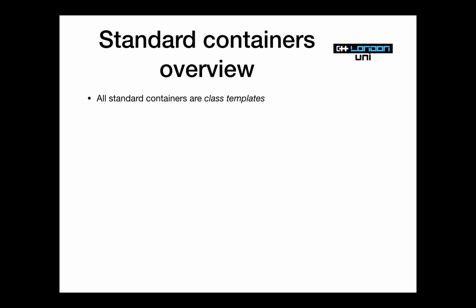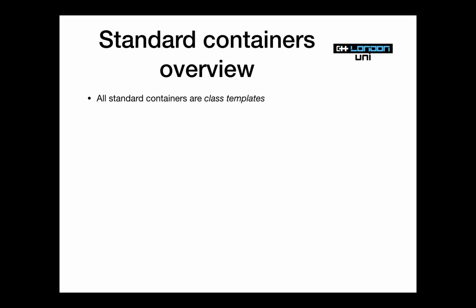So all of those standard containers are what we call class templates. I haven't talked very much about templates in this class yet, but basically a template is like a blueprint for how to make a class. As we've seen several times, when we create a vector, we tell it the element type in those angle brackets.